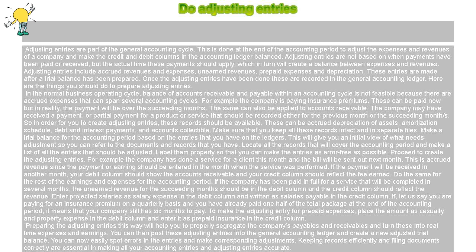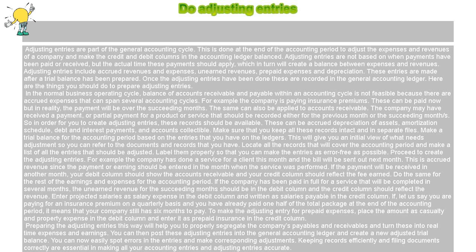So in order for you to create adjusting entries, these records should be available. These can be accrued depreciation of assets, amortization schedule, debt and interest payments, and accounts collectible. Make sure that you keep all these records intact and in separate files.